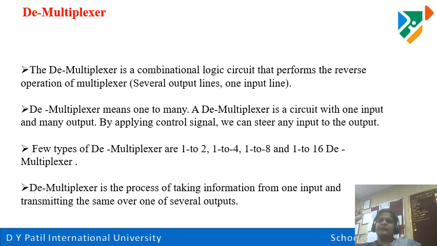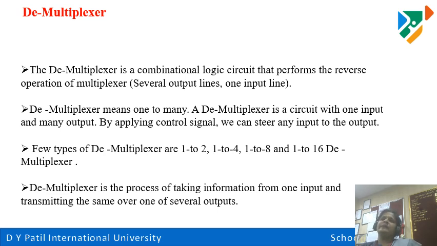One particular input, and we will have four different outputs. Let's see in detail what exactly it is. Basically, a demultiplexer means one to many. It is a circuit with one input and many outputs.